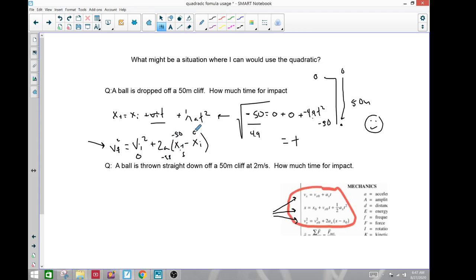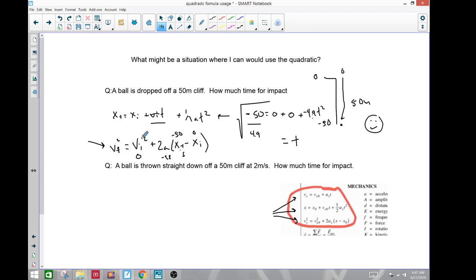Initial position would be 0. So I'm still missing 2. This position formula just wouldn't give me the time. There's no time in here, first of all. So there's nothing here that I can really use to solve for time. I could use it to solve for Vf, final velocity. But I'm looking for time here, and I don't have any time in here.